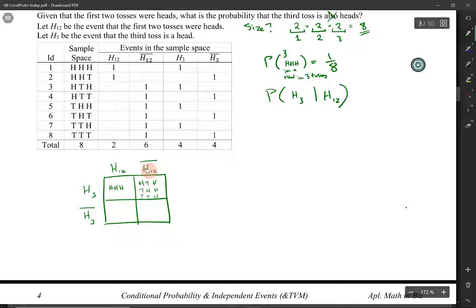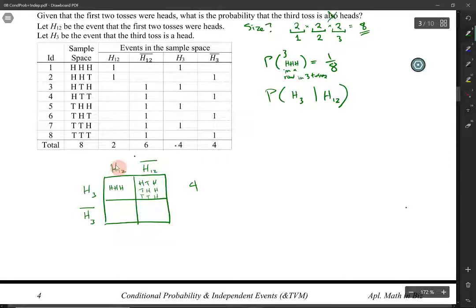Right? Because here the third one is heads. Okay? And the first two, number 1 and number 2, are not heads. So here we got tails in number 2, here we got tails in number 1, and here we got 2 tails. So that actually is H3. Right? So H3 has all 4, is of size 4, right?